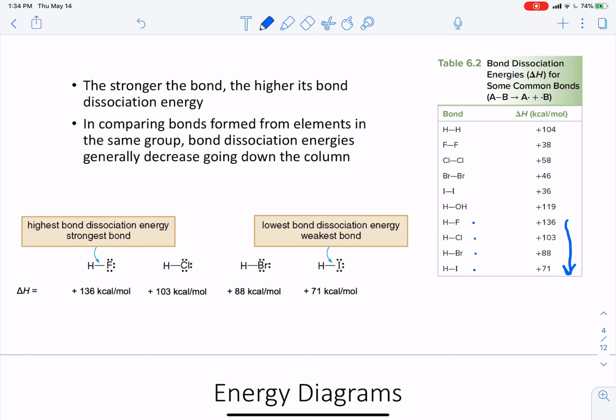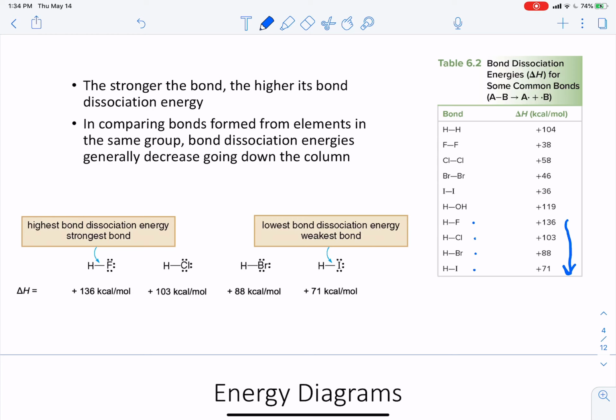But what happens is, as that anion, the fluoride or the chloride or the bromide or the iodide, gets larger and larger, the valence electrons on the very outside of the electron cloud are held less tightly because they're farther and farther from the nucleus, because the atom's getting bigger and bigger.